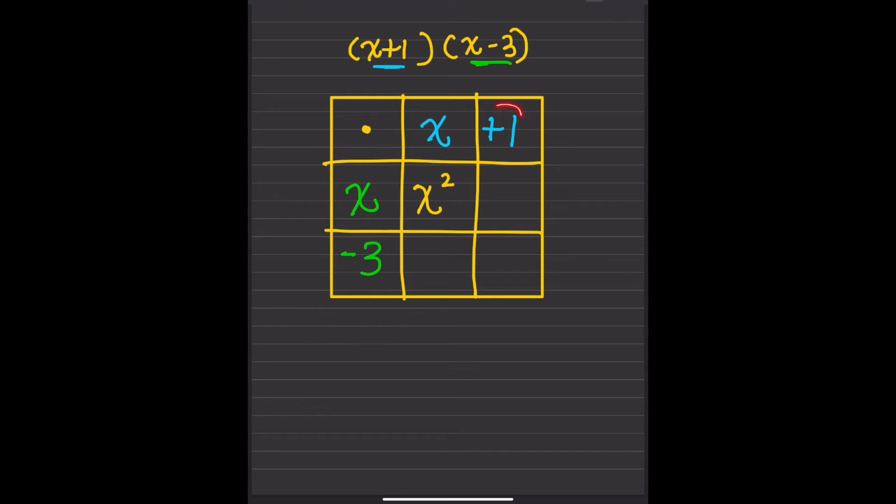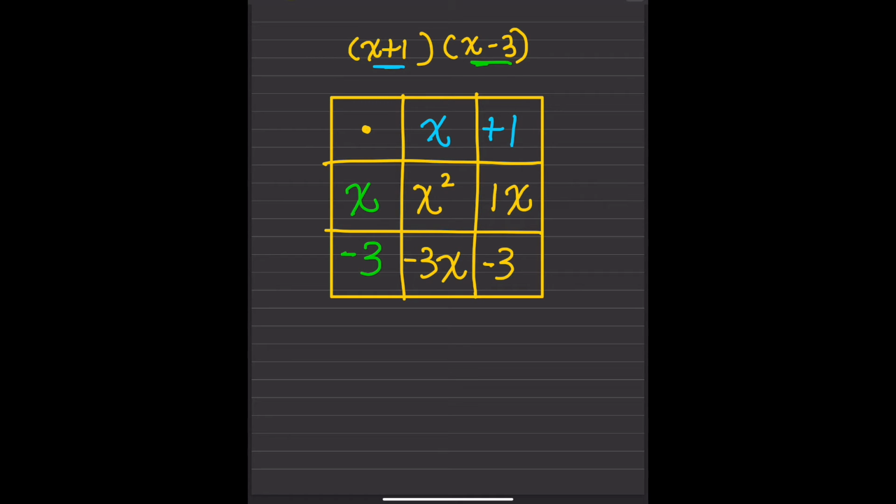Then 1 times x would give you 1x. And then x times negative 3 would give you negative 3x. And then the last one, positive 1 times negative 3 gives you negative 3.